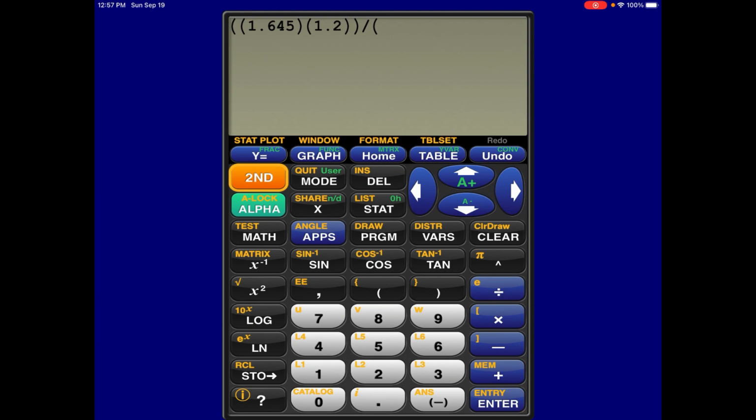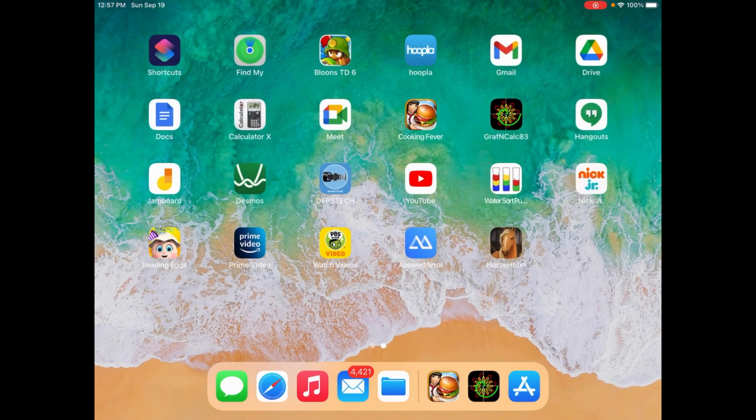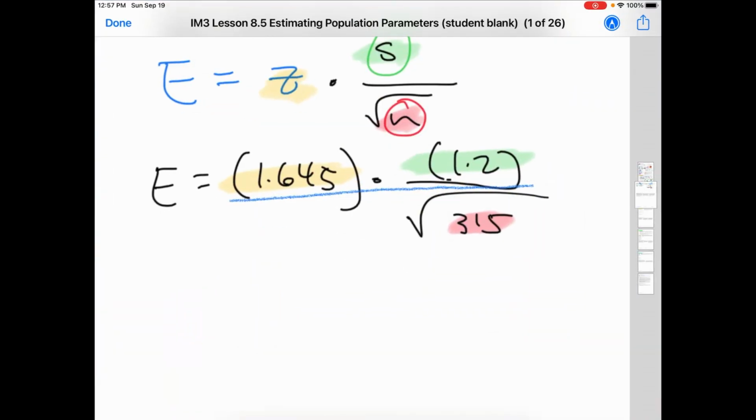So I'm going to have to press second x squared. And then you see how mine's red? You're going to have to press the right key to get out and then close your parentheses, okay? And this would give me a margin of error of 0.12. Sorry, 0.11.